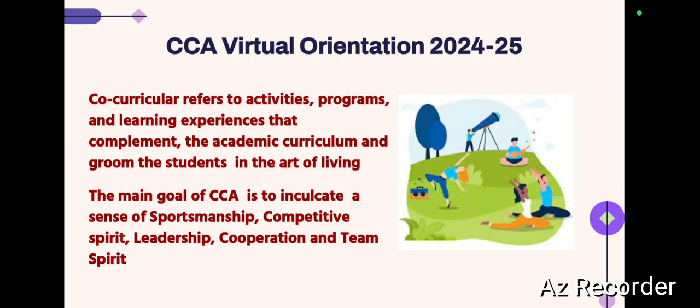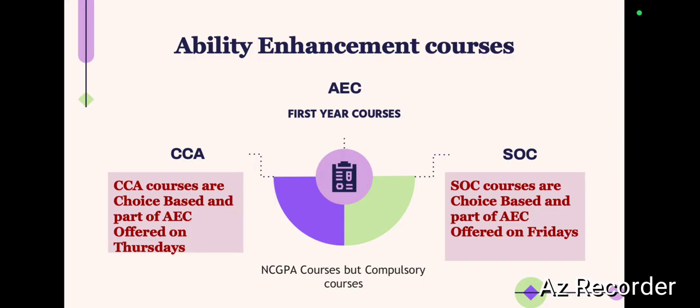Co-curricular activities are activities or programs that complement the academic curriculum and groom the students in the art of living. The main goal of CCA is to inculcate a sense of sportsmanship, competitive spirit, leadership, cooperation, and team spirit. These courses are a part of our ability enhancement courses, and in the first year we have two types of ability enhancement courses.